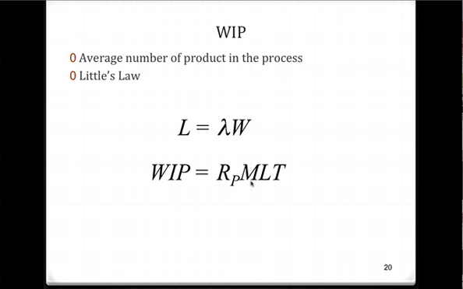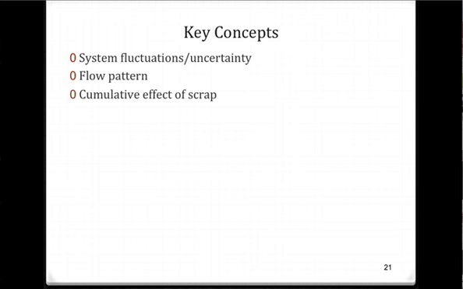Now, if I look at the right side of the expression here, the best way to decrease your work in process is to decrease the manufacturing lead time. Obviously, you wouldn't want to decrease your production rate because that's a measure of how well you can match your customer demand. So whenever you think about your system, you should always be worried about the fluctuations that can occur due to uncertainty and variance in different aspects of your system.